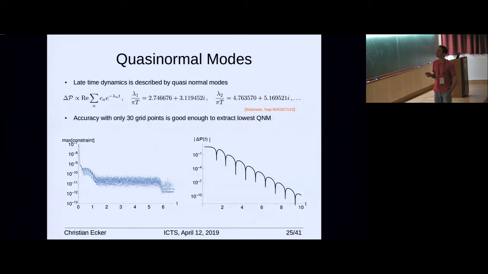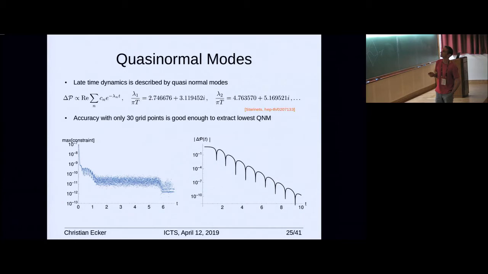So here are the first 2 quasi-normal modes that you get for the pressure anisotropy, for instance. And the nice thing is, if you can solve this problem very accurately, like here I show you this constraint that I mentioned at the beginning. So the constraint is here of order 10 to the minus 11, or even better at later times.